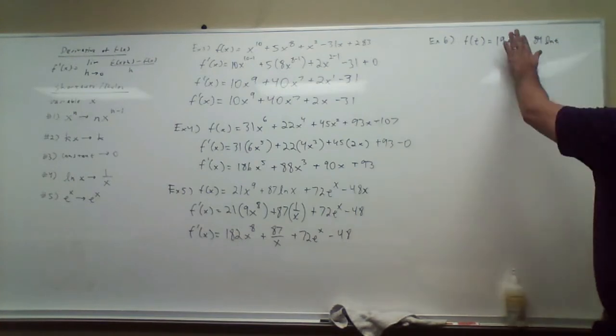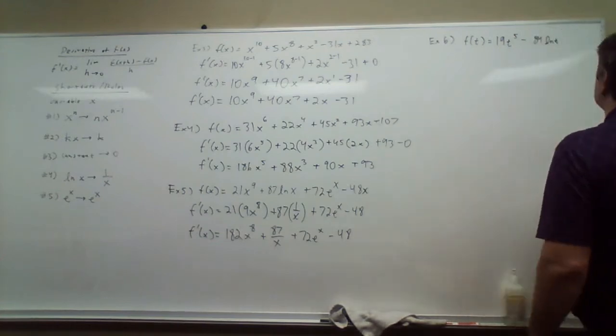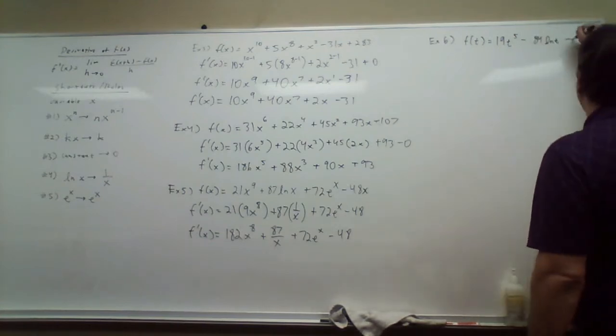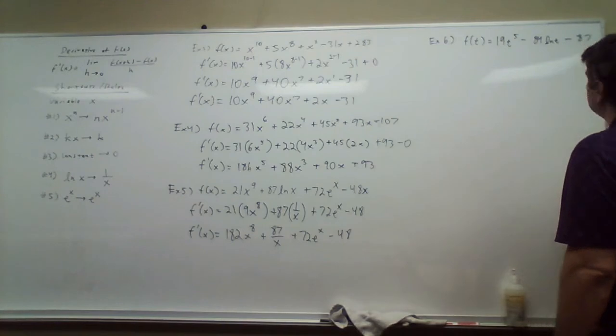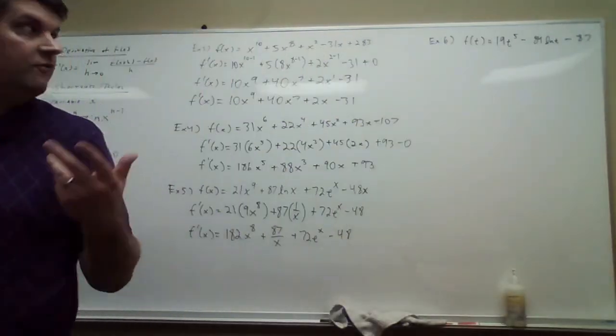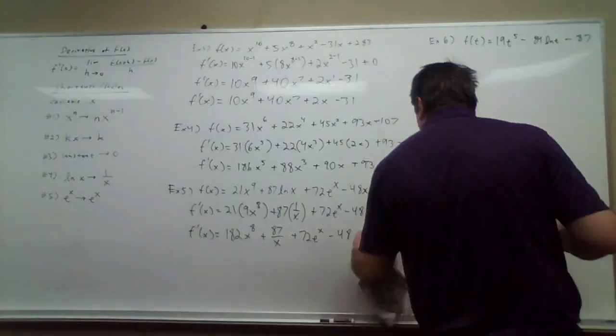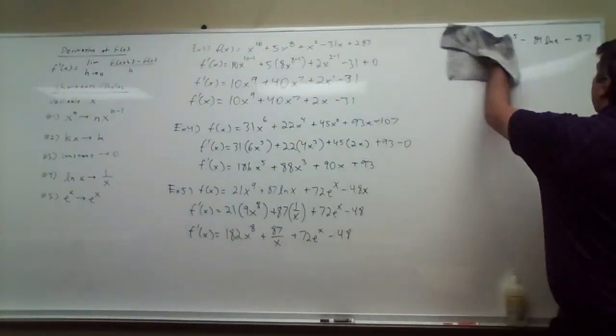We make it minus 84 natural log of t. Minus 87. Well, now we're just going to follow the same rules for t. Okay? So to amplify that, I think I'm going to change this entirely.